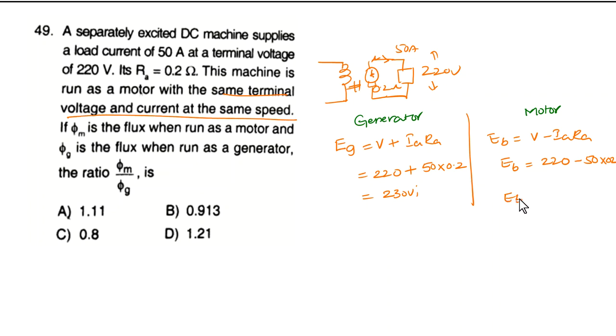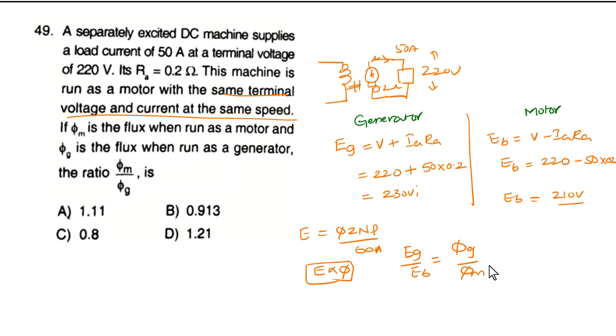So EB is 210 volts. The basic formula is E equal to phi ZNP by 60A, so E is proportional to flux phi. Now Eg by EB is equal to phi g by phi m.